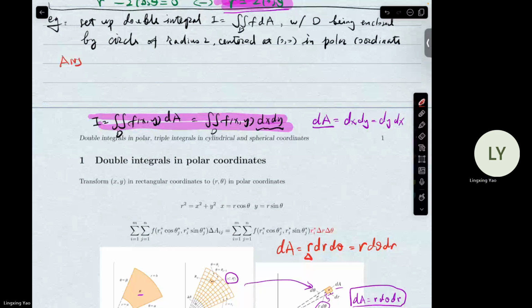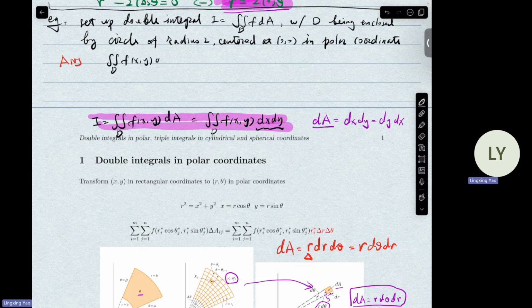So we know for this one, the double integral over D, and we also know this domain D is the region enclosed by a circle of radius 2, and I think we know how to represent this D in terms of polar coordinates.